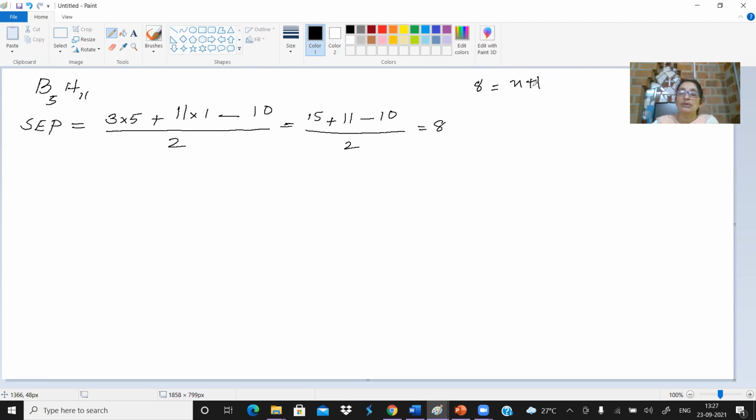So if n+1 is equated to 8, then n will be 7. Okay, so n is 8 minus 1, that is 7. Now, if you look at this, a polyhedron with n equal to 7, that is 7 vertices, would be a pentagonal bipyramid. But if you look at the borane cluster, there are only 5 boron atoms.